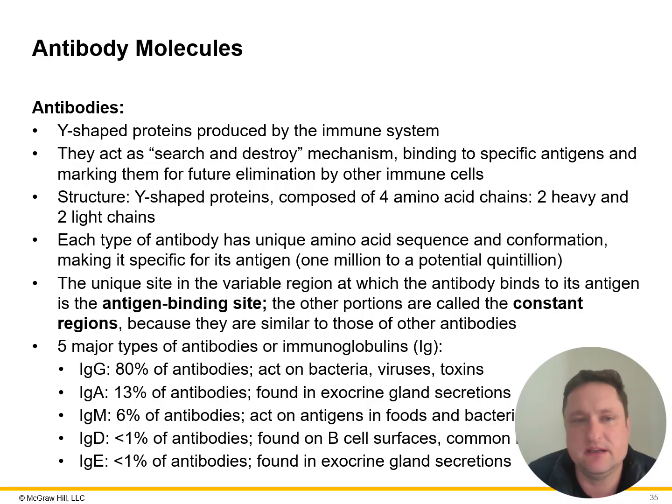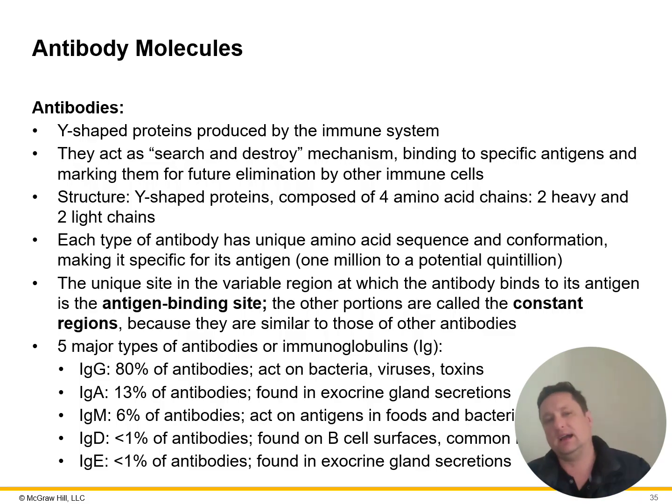Structurally, each antibody has 4 chains. It has 2 heavy and 2 light. The tips of the Y are the variable regions. They differ in amino acid sequence and fit only their matching antigen. The rest is the constant region, which recruits the right helpers after binding.